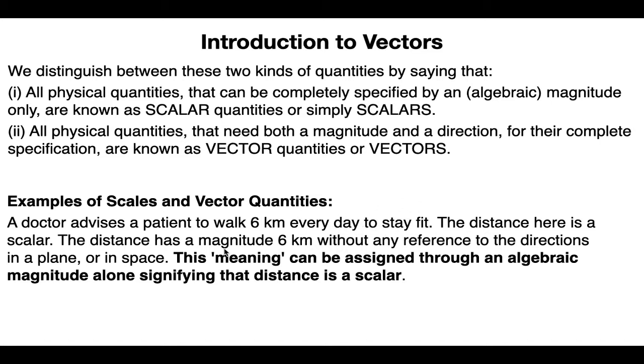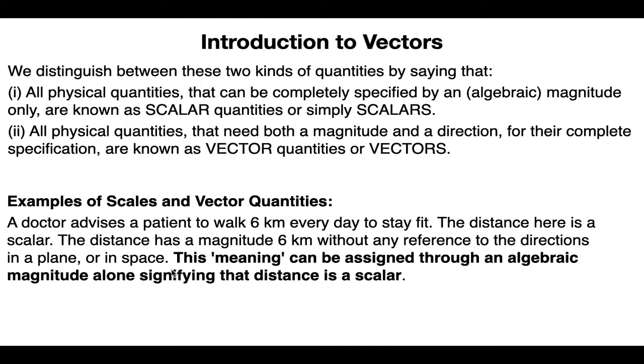The distance here is a scalar quantity. 6 kilometers is a pure number. The distance has a magnitude 6 kilometers without any reference to the directions in a plane or in space. The meaning can be assigned through an algebraic magnitude only, and it signifies distance is a scalar quantity.